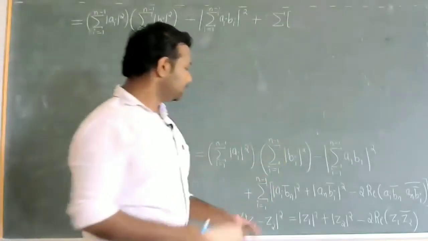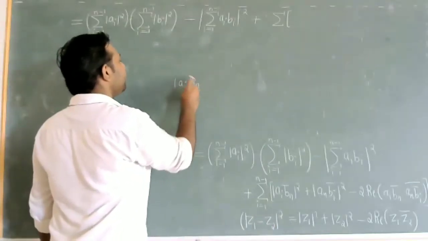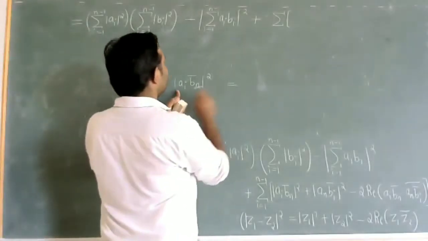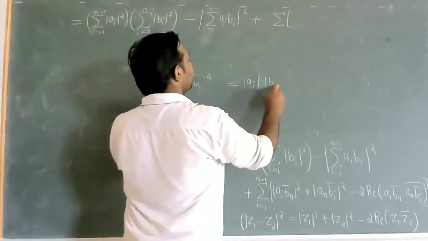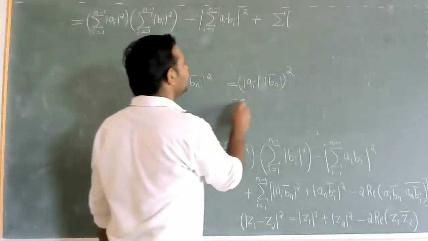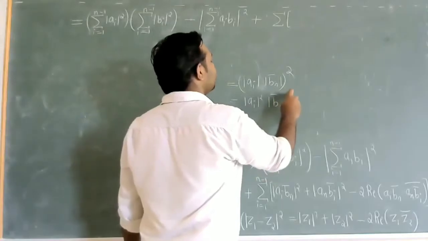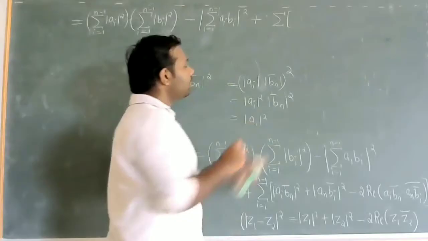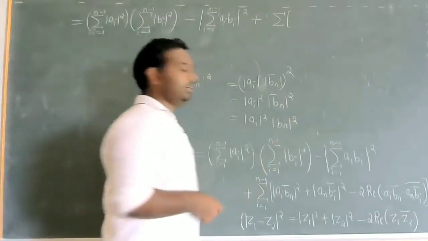so the first term, modulus of ai bn bar whole square is there. First of all, modulus of ai bn bar means modulus of ai into modulus of bn bar, so whole square as it is. So it is modulus of ai whole square modulus of bn bar whole square, but modulus of bn bar is nothing but modulus of bn.